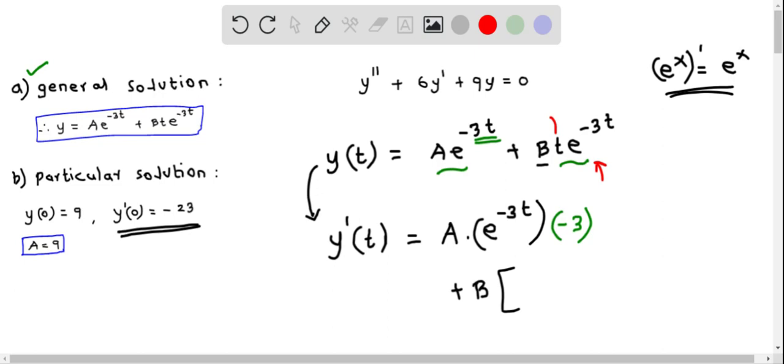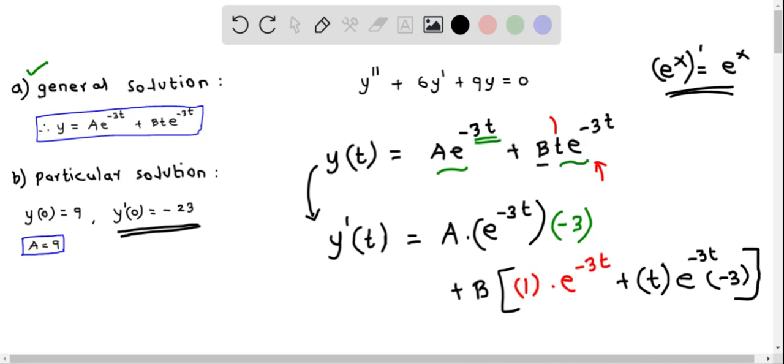So when we apply the product rule, we have to find the derivative of the first, which is the derivative of t, which equals 1 times the second term, that is e raised to the power of negative 3t, plus we put the first term as it is and find the derivative of e raised to the power of negative 3t. We already found it in the first part, that is, it is basically e raised to the power of negative 3t times negative 3 when we apply the chain rule. So let's close this bracket.